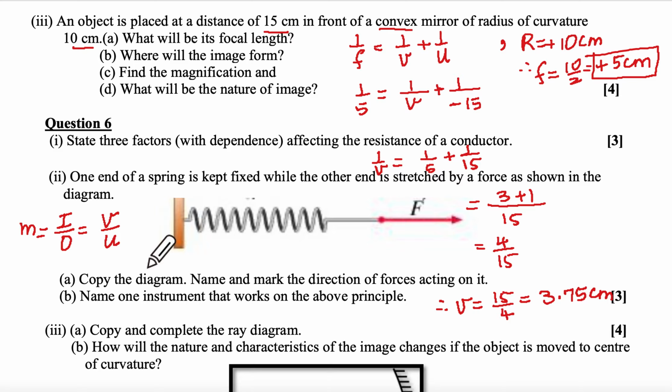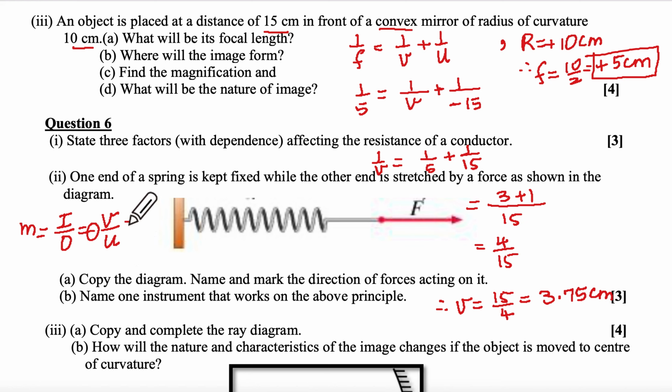Because once we made a mistake, now I want you to make sure there is no mistake. Yes, ma'am, minus V by U. Minus V upon U is correct. So you put minus over here.